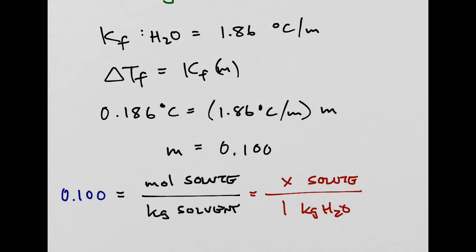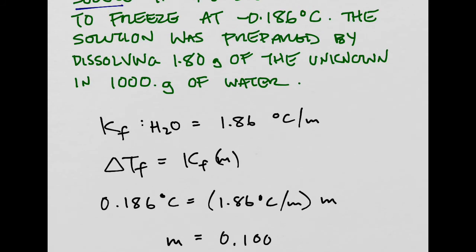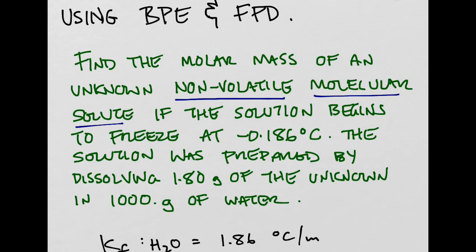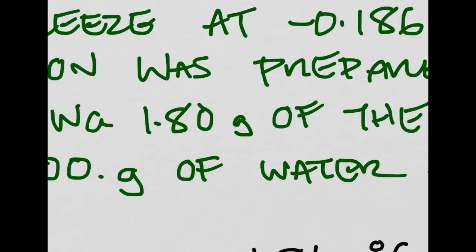When you solve for your solute, it's pretty easy math, I would hope. You find that the number of moles of solute is 0.100 mole. And you also know that you originally added 1.8 grams of that solute.